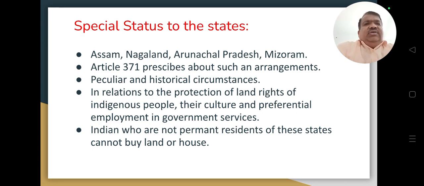These are the things on the basis of which a special status will be given, and Article 371 makes the arrangement for this. Indians who are not permanent residents of these states cannot buy land or a house or make any property in these states.